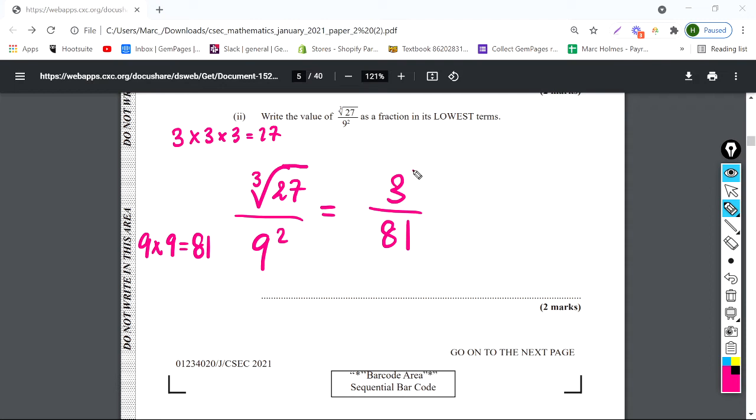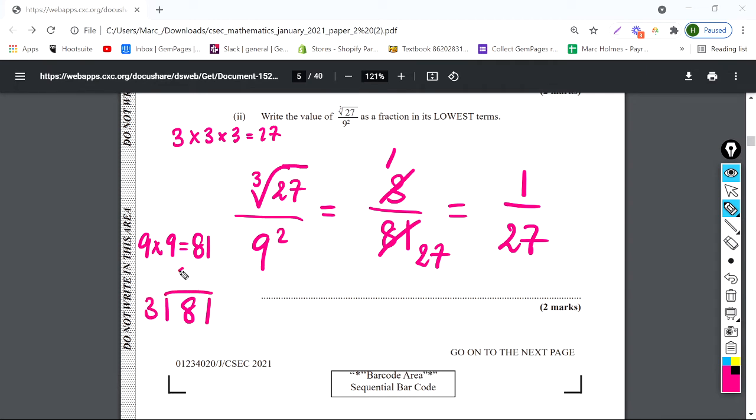But the thing is, guys, 3 can actually go into 81 27 times. So this is actually going to give us 1 over 27. Let's do that, 81 divided by 3. We should get 27. So yes, 3 goes into 81 27 times. So the final answer, guys, in its lowest terms is 1 over 27, and this is definitely the answer.